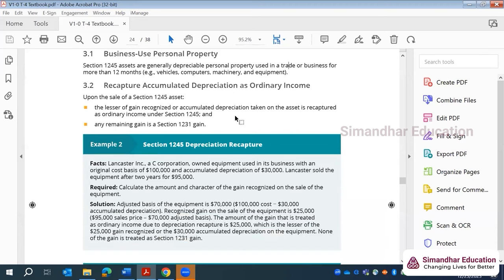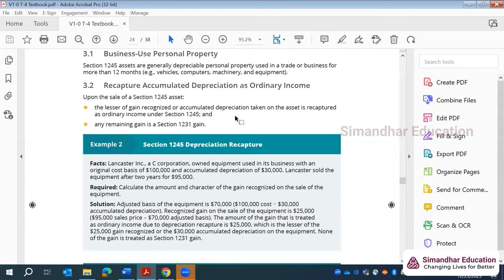So now you understand the logic as to why the IRS is bringing in Section 1245. They are saying that if you depreciate your property, you are taking it as an ordinary expense and you're also reducing the basis of the property. So when you eventually sell the property, you will have to see whether the reduction of the basis was due to depreciation and the gain that you have is because of the depreciation that you have taken.